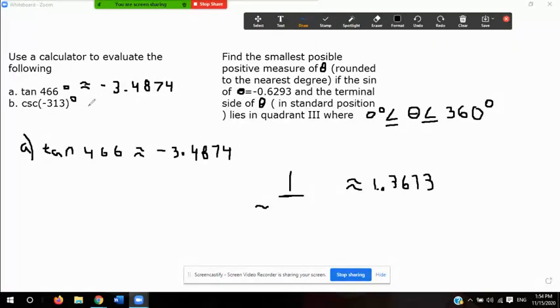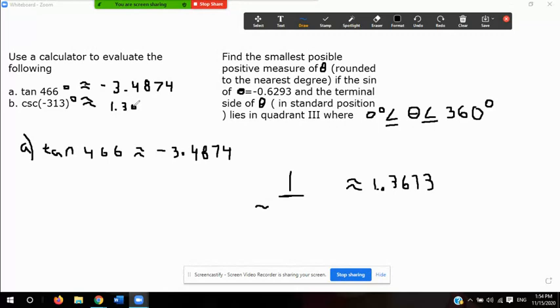And our answer for the cosecant of negative 313, the one we just did, was approximately 1.3673. So that is example number 9, which is in your textbook.